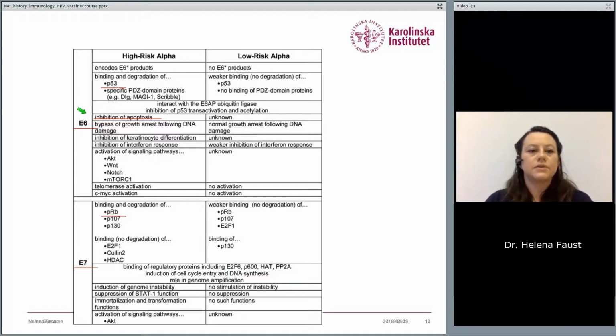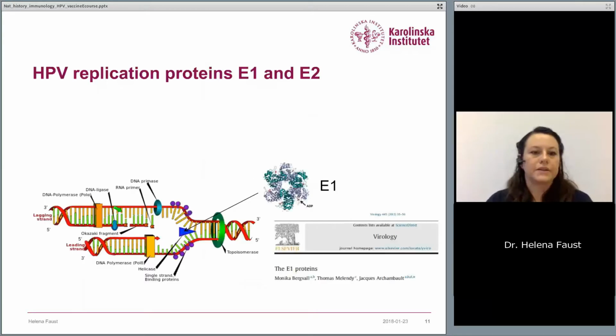This slide shows what E6 and E7 bind and what they do. Most important here is that E6 binds P53 and inhibits apoptosis. At the same time, E7 binds RB and degrades it. So now our cells are cycling and all the needed enzymes are there, what's needed for replication, like for example DNA polymerase.